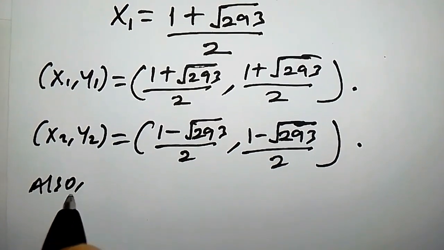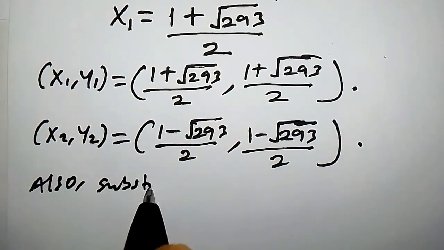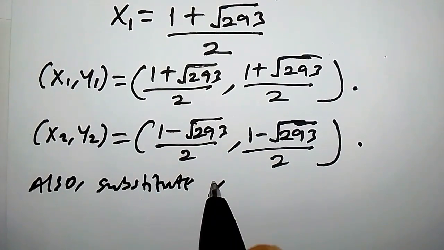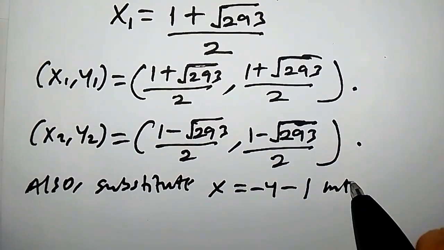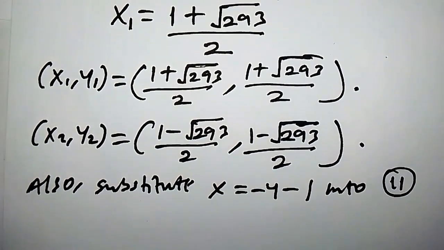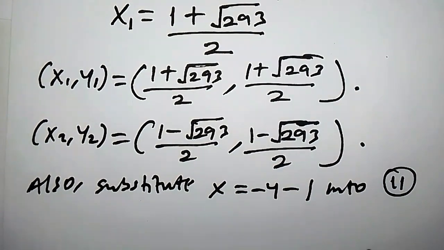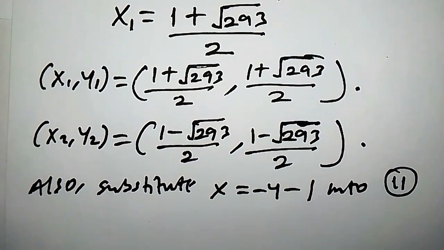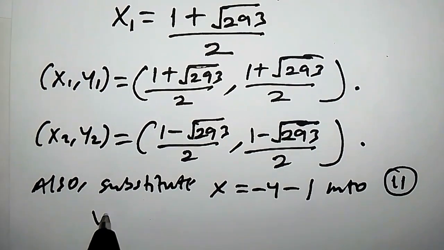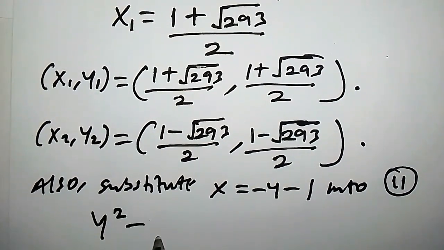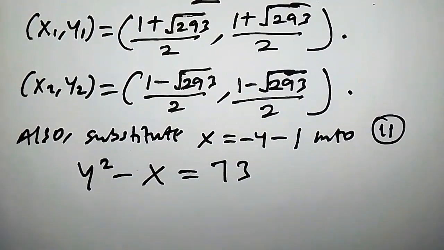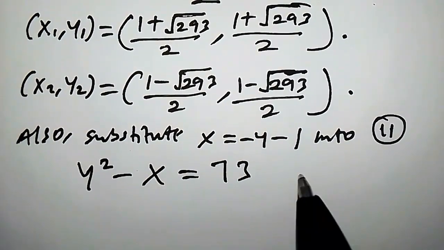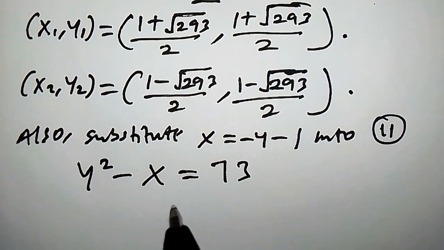Also, substitute x equal to minus y minus 1 into equation 2, just as we did for x equals y. What is equation 2? Equation 2 is y square minus x equal to 73. This means that anywhere we see x, we replace it with minus y minus 1.